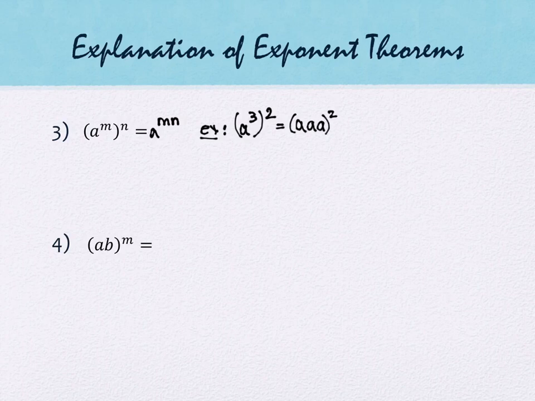And the squared on the outside means I have the same 3 a's repeated. How many a's are there? 6. And how do we get from 3 and 2 to 6? We multiply.